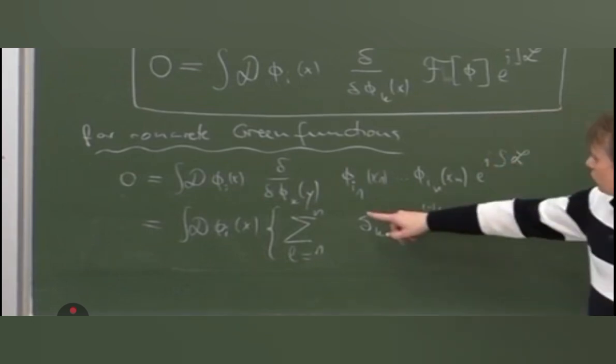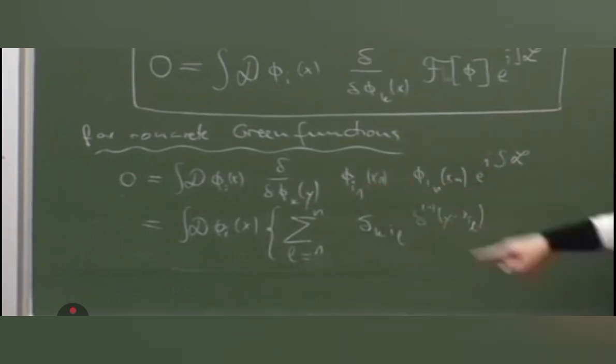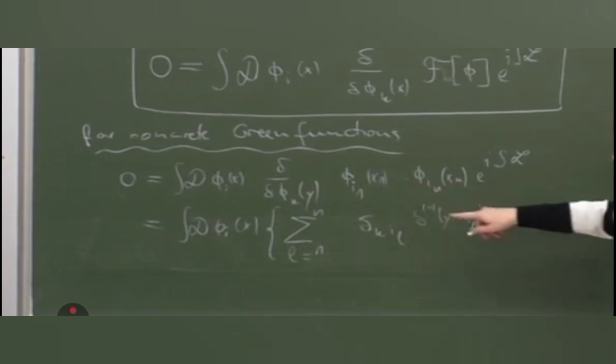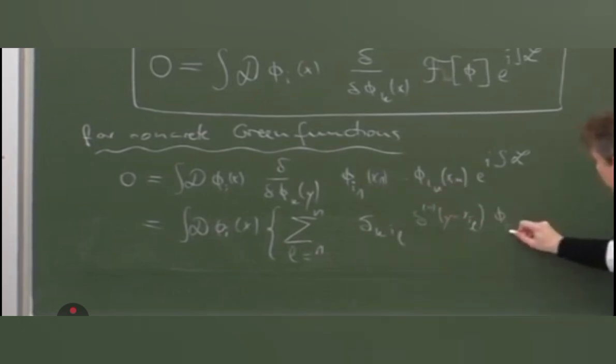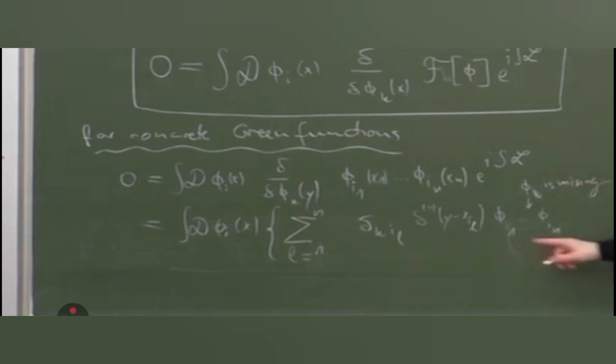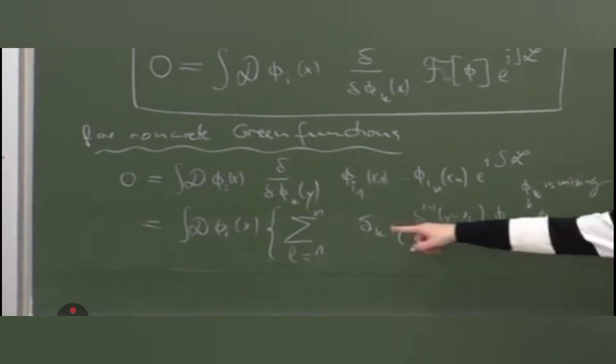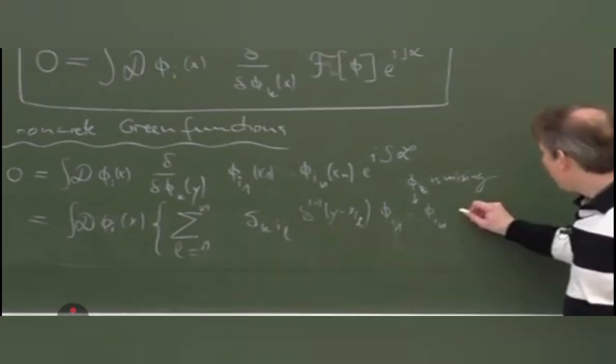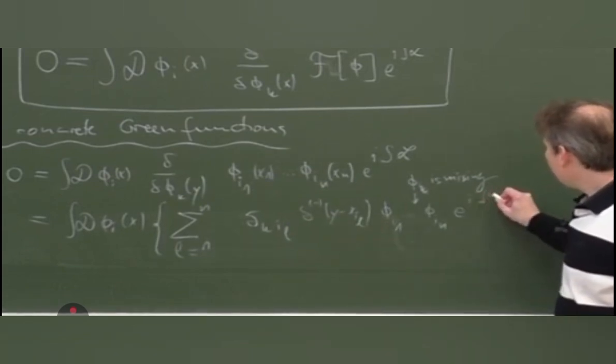That comes from the functional derivative of the appropriate field operator, and all the other field operators are unaffected. So we have phi_{i_1} up to phi_{i_n}, but the one field operator with the index phi_{i_L} or phi_k is missing, because we took the derivative of it, and the result is this delta function. And then all of that is multiplied with e to the i times the action.